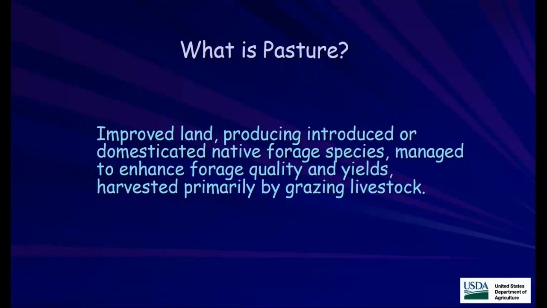And instead of using a tractor and a haybine and a baler or a chopper to obtain the feed for the animals, we're letting the animals go out there and get it themselves, which has a lot of advantages both for the animals and for the economics on the farm, because anytime you can reduce the use of machinery and equipment, you're saving the producers some money.